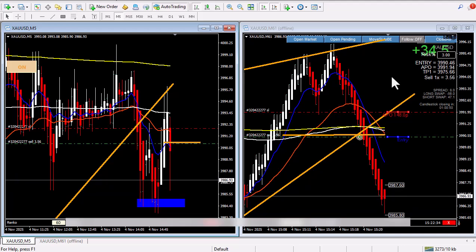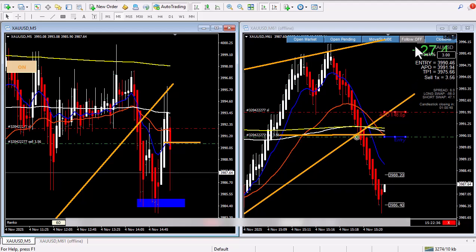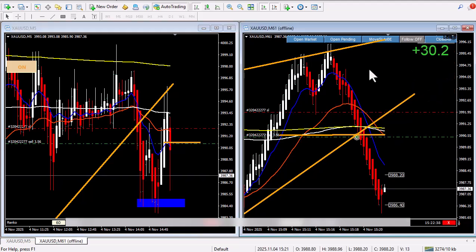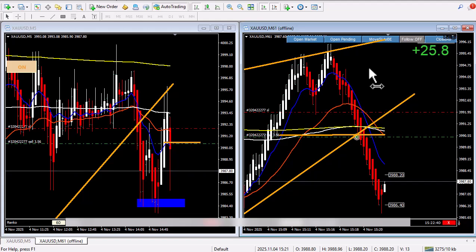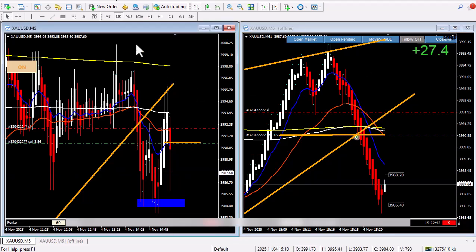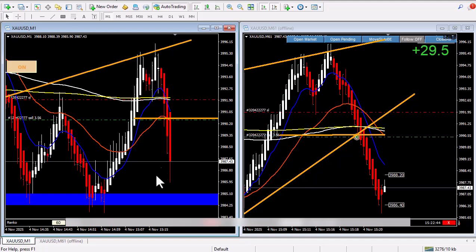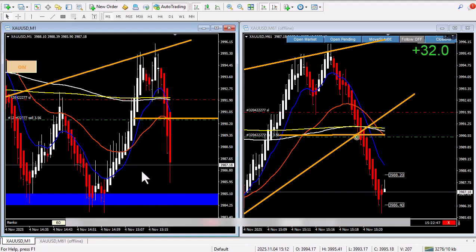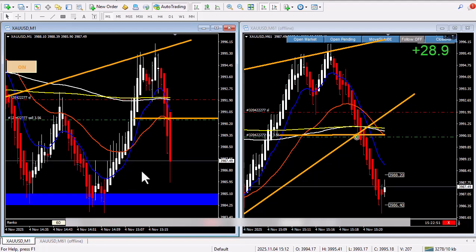We'll just hold it and see if it moves. This will be our first 5-minute time frame support area.